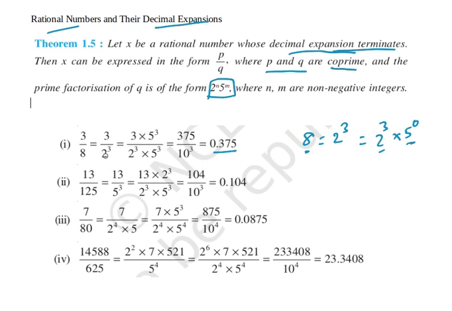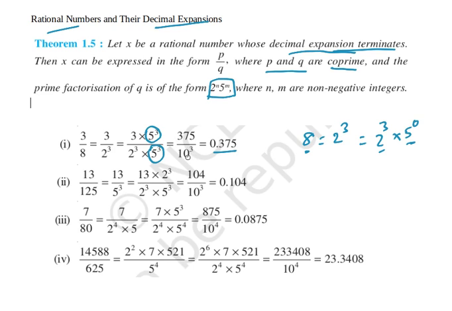Here we have only 2 to the power 3. To get 5 to the power 3, the same three 5's, we multiply the numerator and denominator by the equivalent fraction, so that we get 2 to the power 3 into 5 to the power 3, which becomes 10 to the power 3, that is 1000. So it becomes 375 divided by 1000.